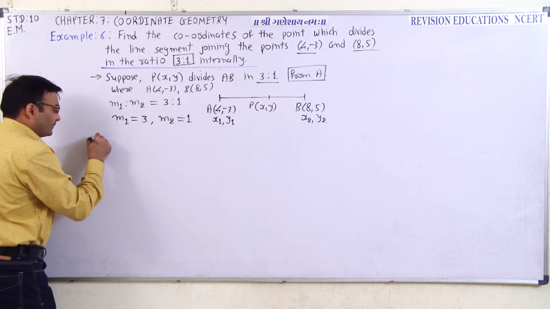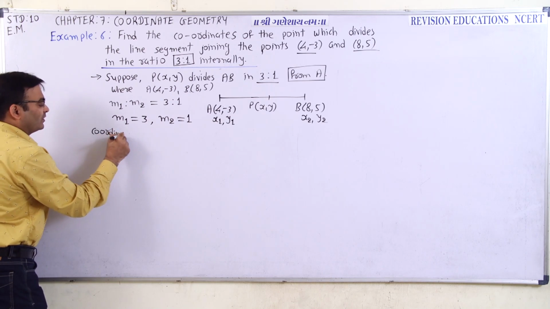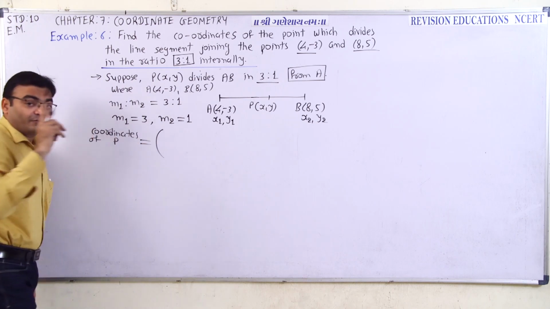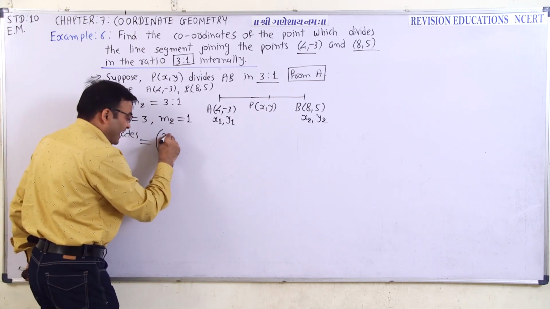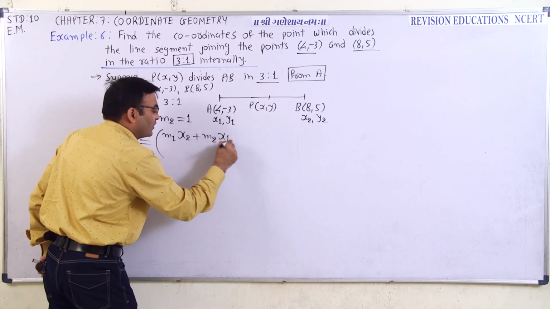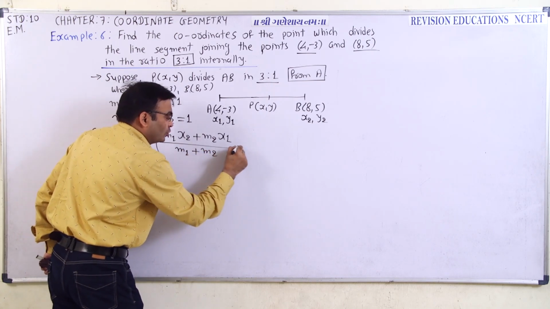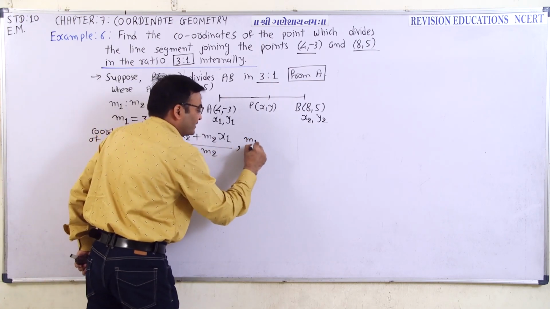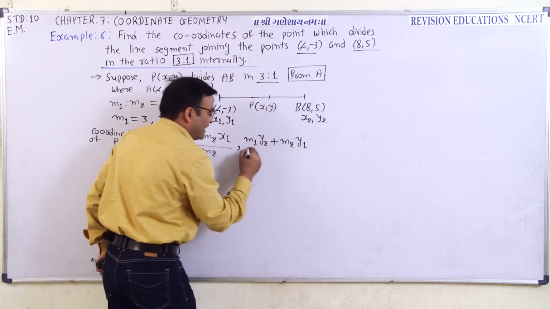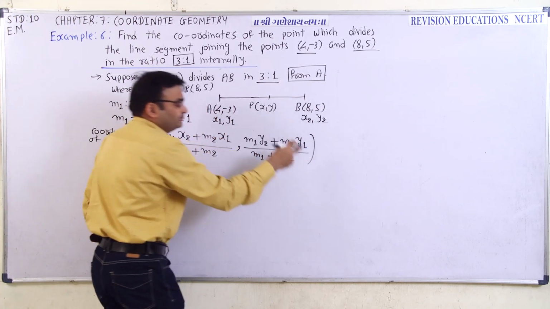Here coordinates of P is equal to, formula then देखो friends, (m1x2 + m2x1) upon (m1 + m2) comma (m1y2 + m2y1) upon (m1 + m2) ये होगा.